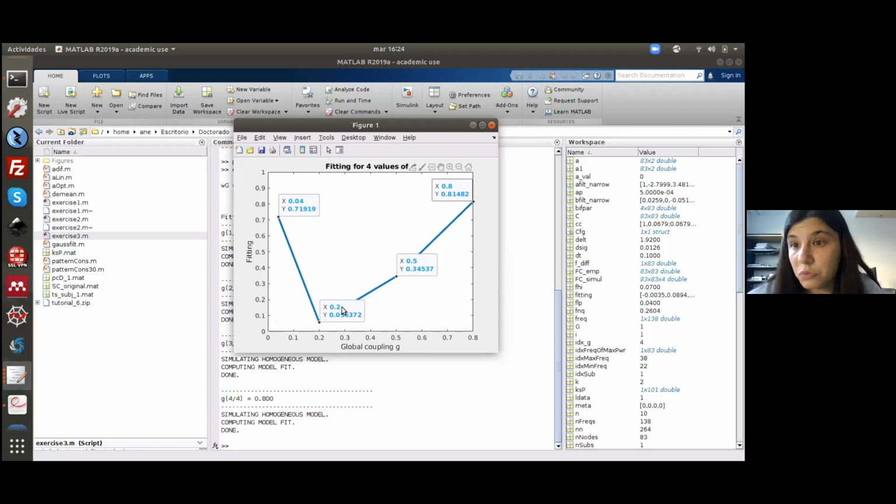Here for 0.2 we have a very low distance between the distribution of the functional connectivity dynamics of the empirical and the simulated one, and here we have also higher values. So this means that here we have the optimal global coupling, or the optimal fitting between the simulated and empirical data.